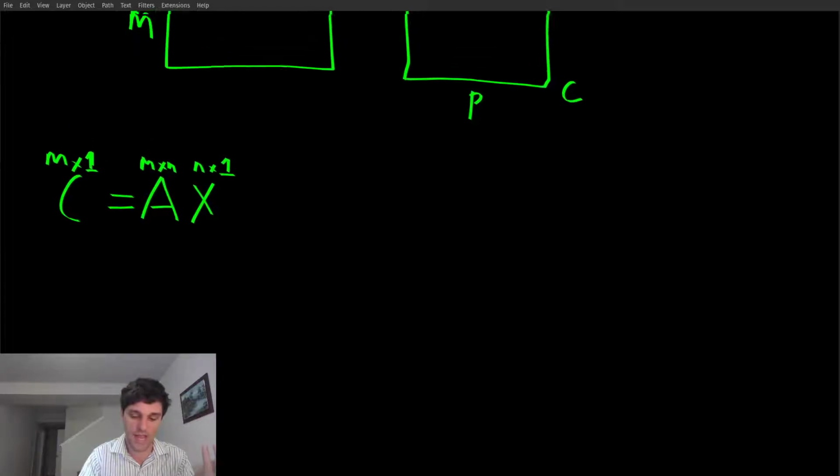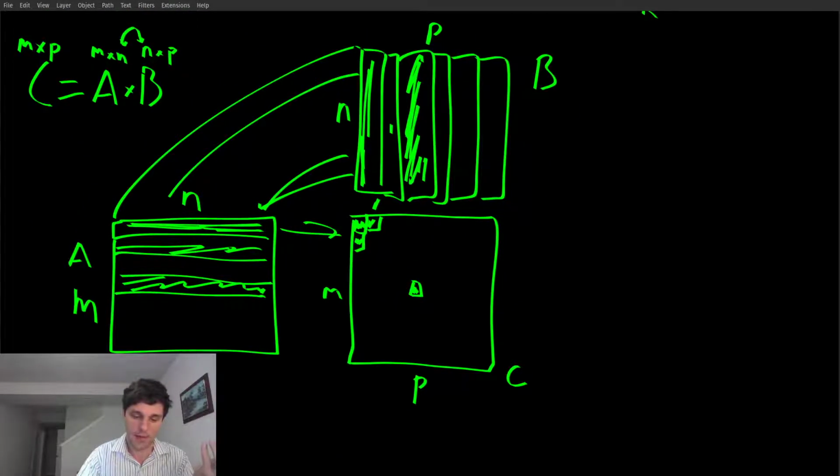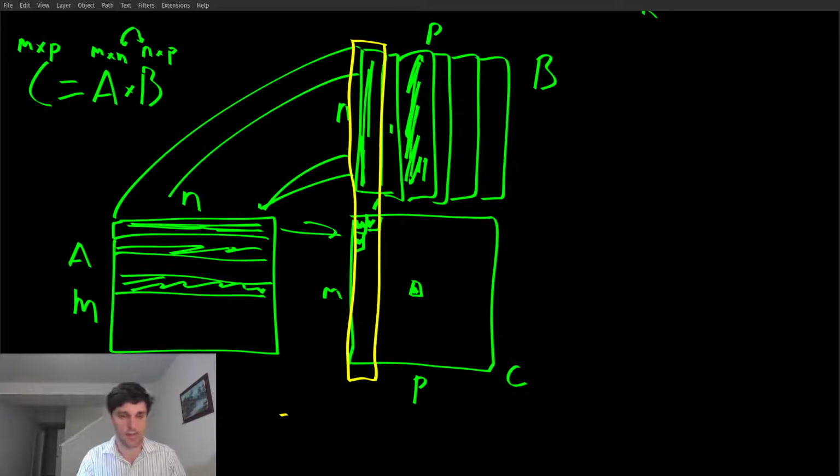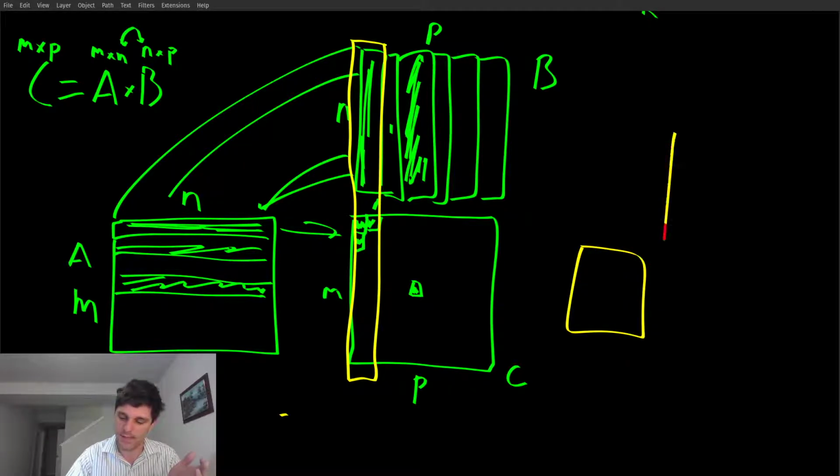The only thing that changed in our picture up here is this p dimension is 1 now. So if p is 1, then this matrix just looks like this, but everything else looks the same. And we've got our standard matrix vector multiply, right?